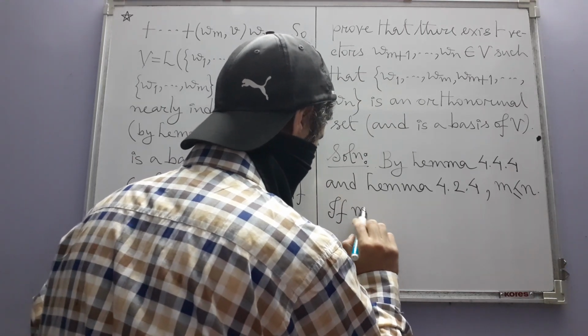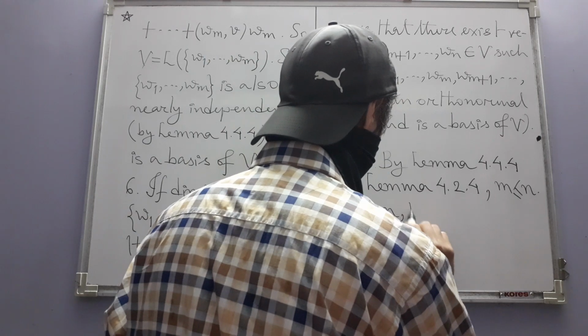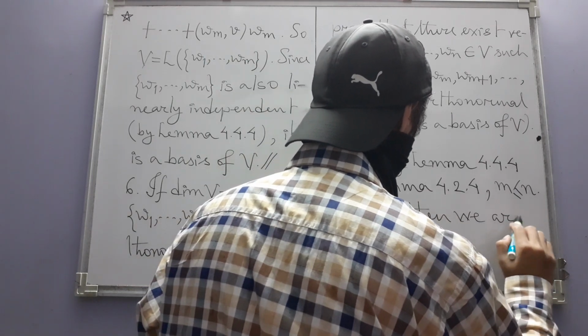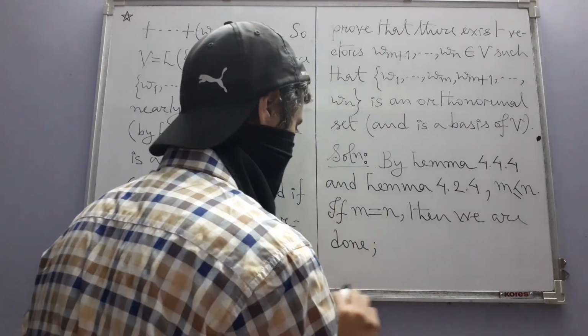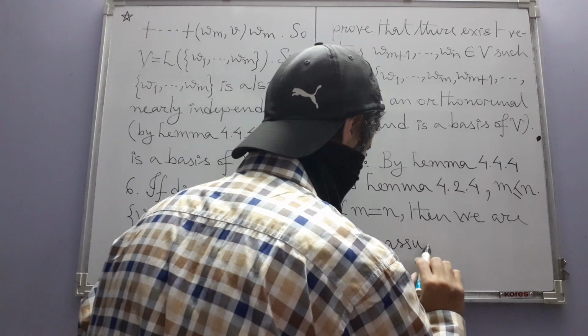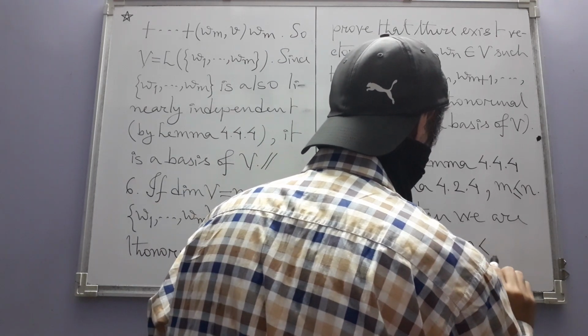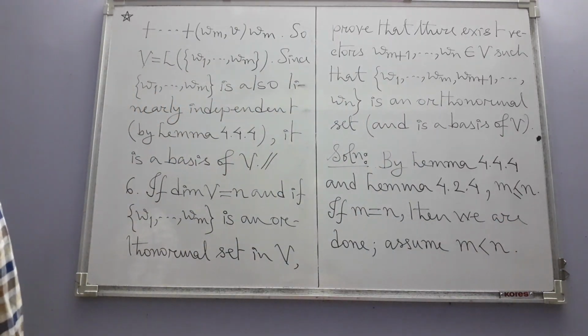Now if m is equal to n, then there is nothing else to do, we are done. And that's why let's assume that m is strictly less than n.